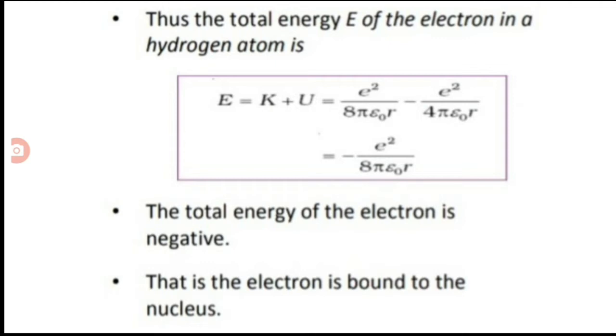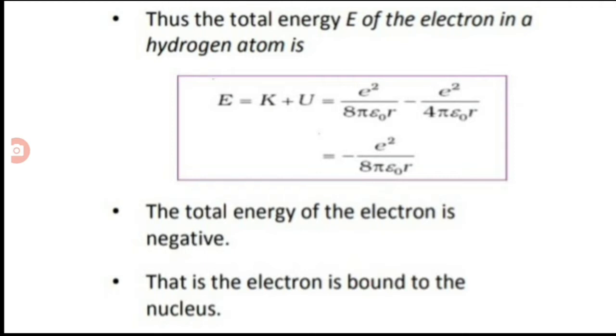We will just compare the magnitudes of kinetic energy, potential energy and total energy. Just take the magnitudes of total energy and kinetic energy. Both of them are the same. So total energy and kinetic energy have the same magnitude. And potential energy is twice the total energy.